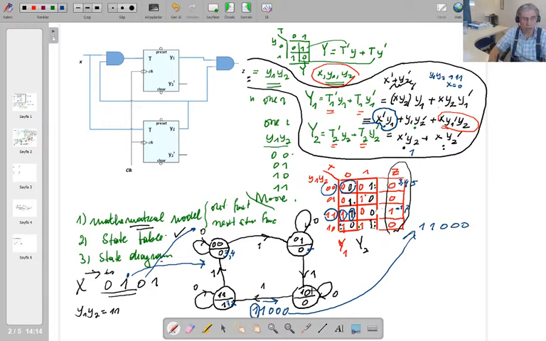Instead of doing this, you could use this mathematical model. For complex circuits, the mathematical model is good for computer calculation. So this model is the best model for complex computer-related calculation. If your circuit is small and you're going to do the analysis by hand, the state diagram is the best one. That's why we are seeing different models, right?